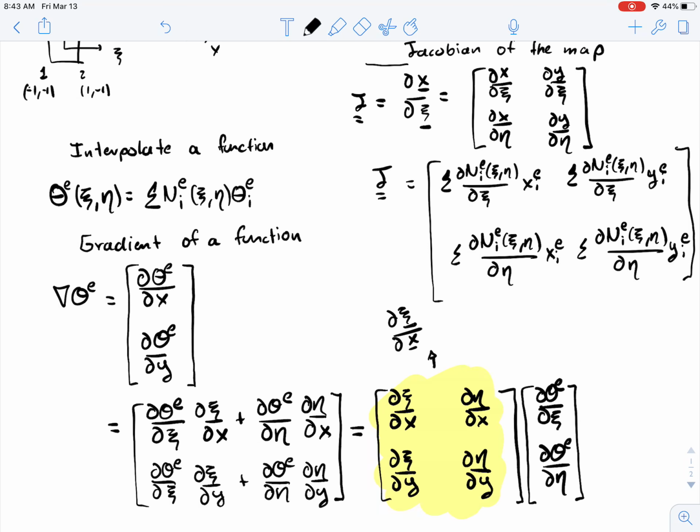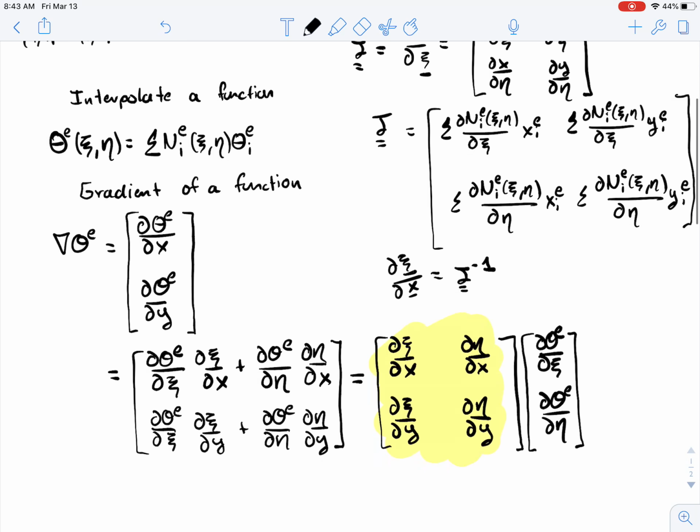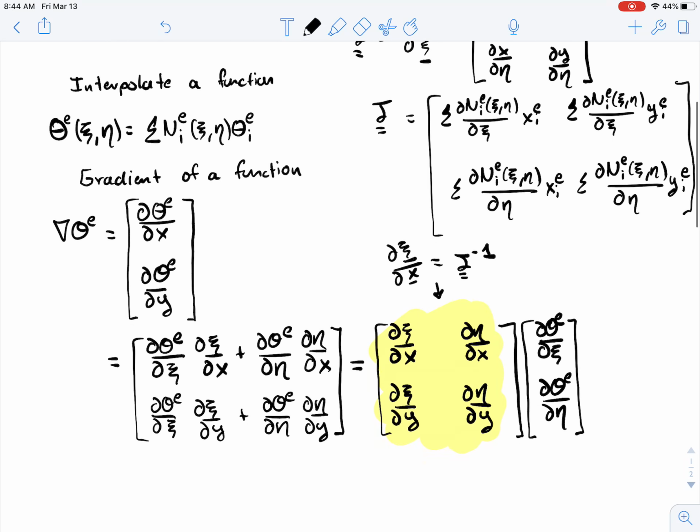That just means that this is actually the inverse of the Jacobian. So if I know how to calculate the Jacobian, because I have it right here, then I just need to invert that matrix, and the inverse of that Jacobian will be this guy right here. So that solves part of the problem. And then the other one is really not a problem.